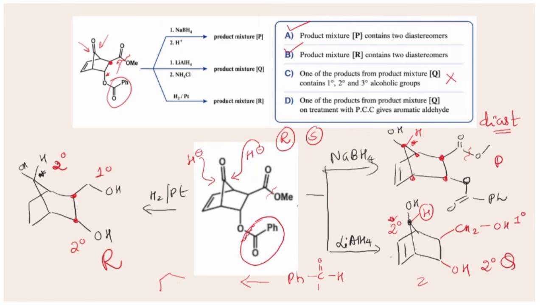What alcohol? A benzyl alcohol, like this. So this will be one of the products in the mixture. But the question is, when that product upon PCC gives the aromatic aldehyde, that means what? See, this is reduction. When we do oxidation using PCC, again we will get back the aldehyde. So this is also true.